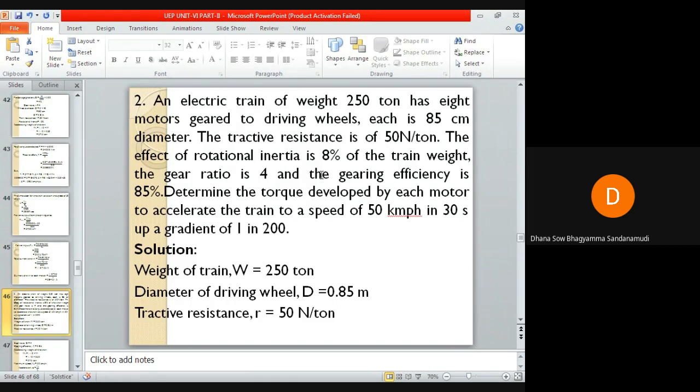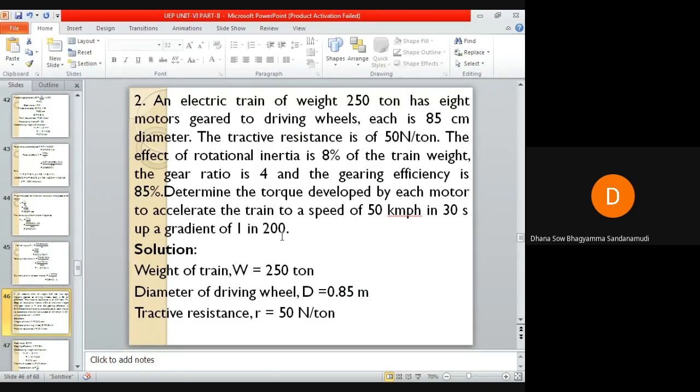The tractive resistance is 50 newtons per ton. The effect of rotational inertia is 8% of the train weight. The gear ratio is 4, and gearing efficiency is 85%. You have to determine the torque developed by each motor to accelerate the train to a speed of 50 kilometers per hour in 30 seconds up a gradient of 1 in 200.